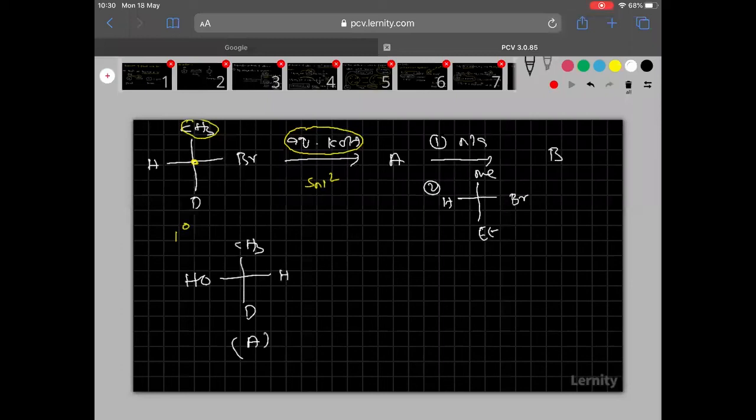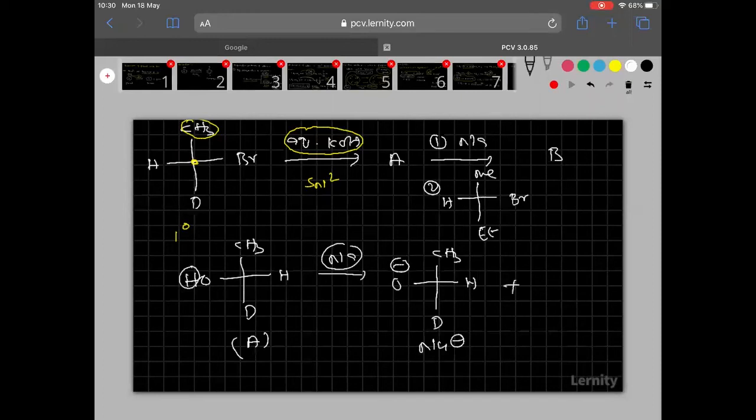Followed? Now, this is reacting with two reagents. So first of all with sodium. So what happened when it reacts with sodium? Then see clearly everyone now. So sodium will remove the H plus from the alcohol. Then here CH3, H, D, O minus will be there. And this is our nucleophile. Am I right?